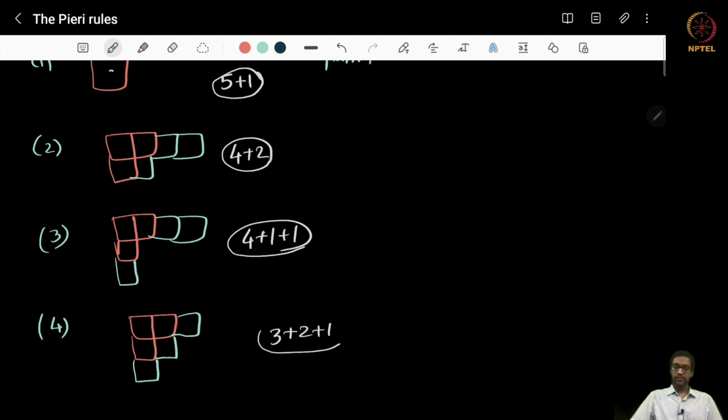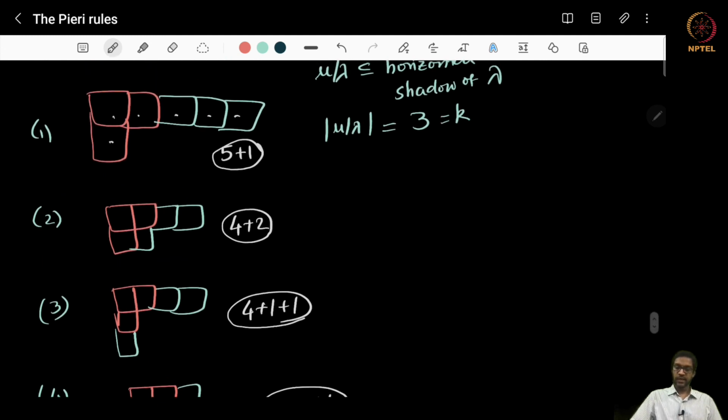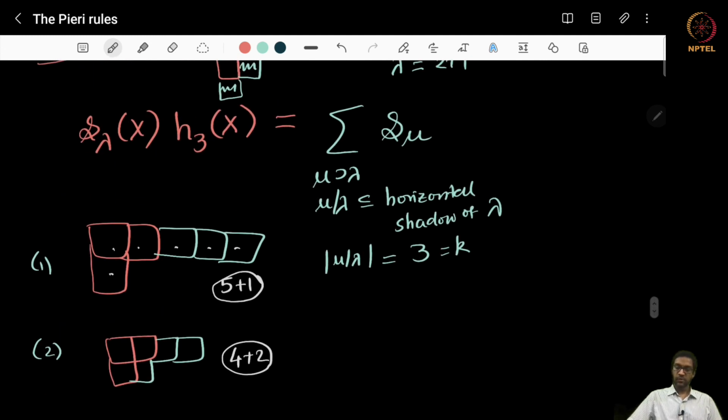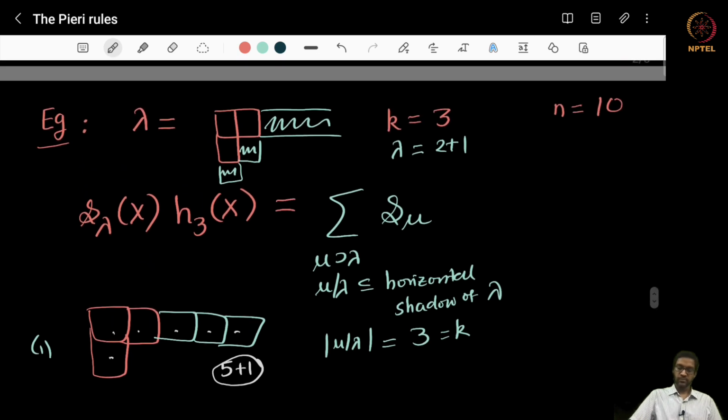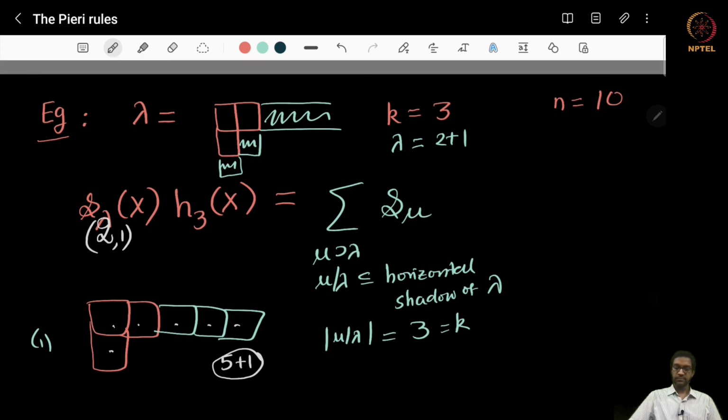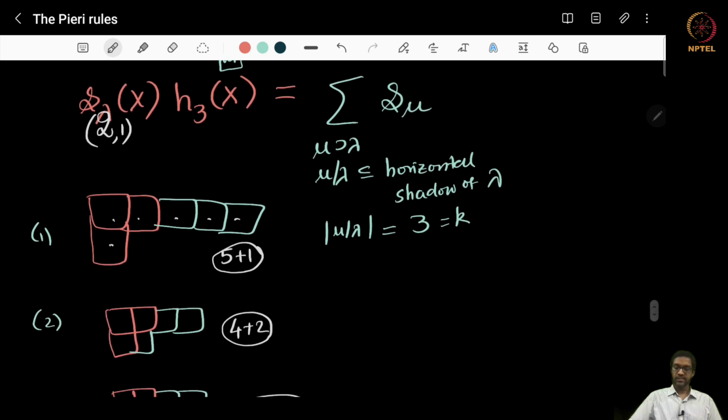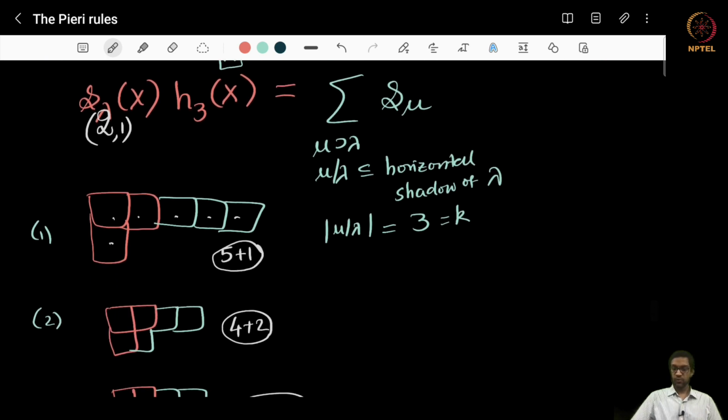So if you multiply the Schur function S lambda corresponding to lambda equals 2, 1, observe here the lambda that I started with is the partition 2, 1. So I take S21 of x times H3. The answer is S51 plus S42 plus S411 plus S321.